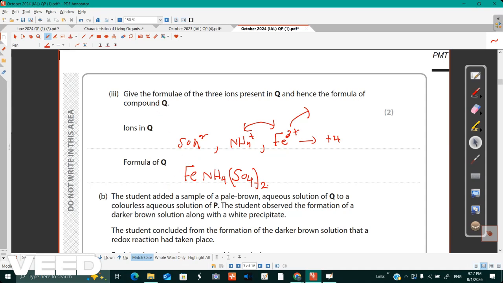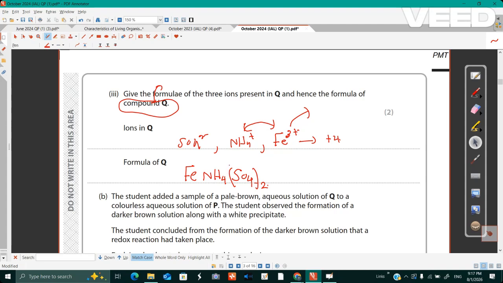They are asking about the compound. When they ask about a compound, it must be neutral, not an ion. There are complexes with a charge, so that is an ion, but here they are talking about the compound. This compound must be neutral, with the positive and negative charges balanced and cancelled off.